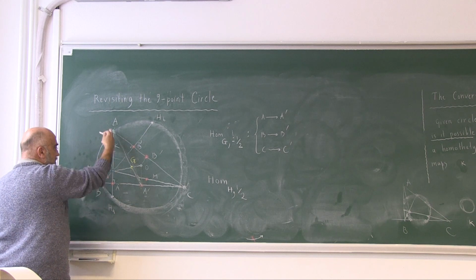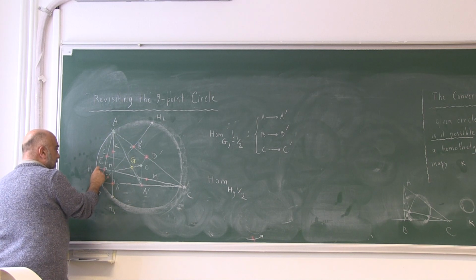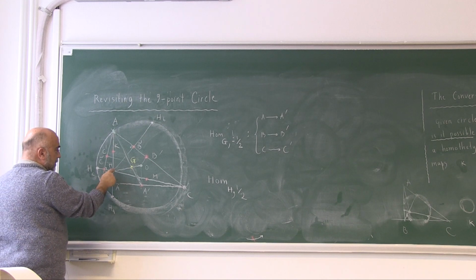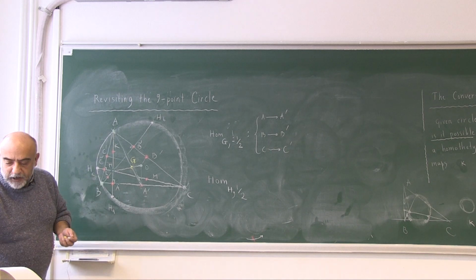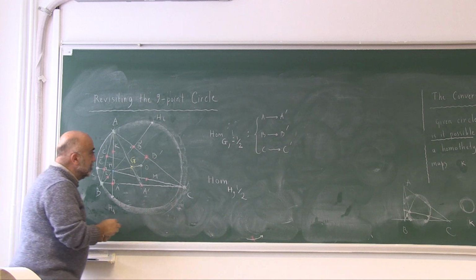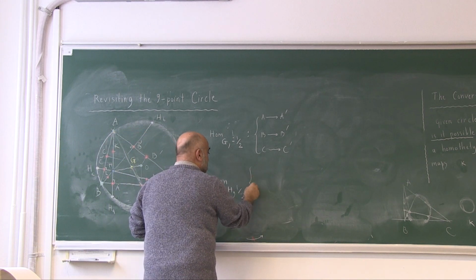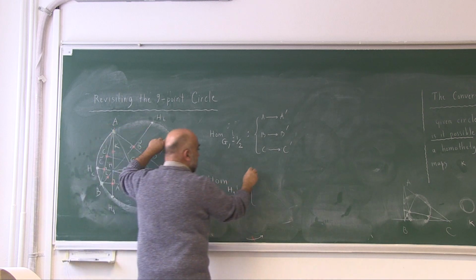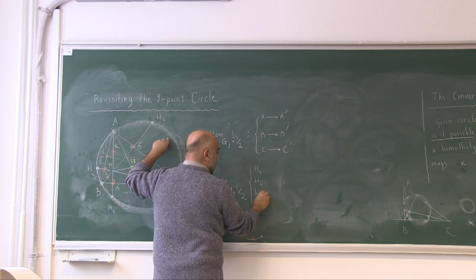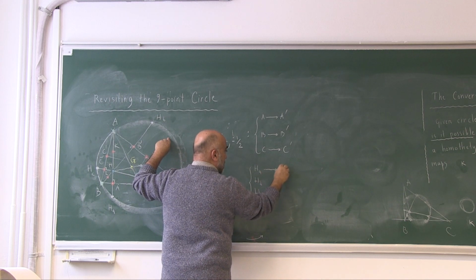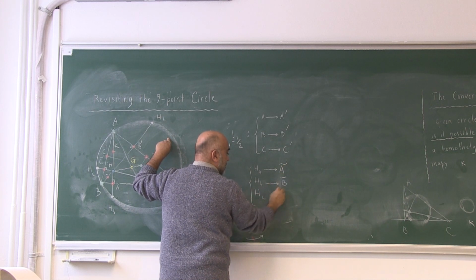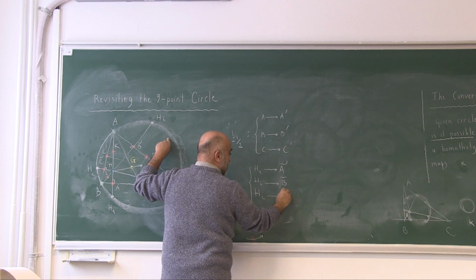The reflection of H in AB is on the circumcircle. So it means that if you take H as your homothety center, then the points HA, HB, HC are turned into A tilde, the feet of the perpendiculars, B tilde, and C tilde.